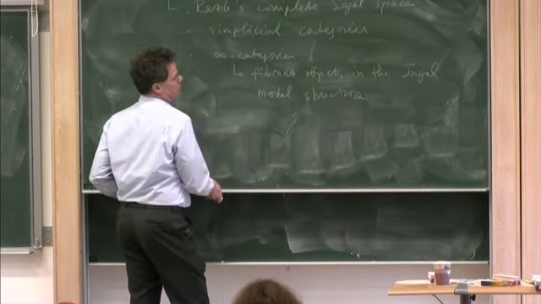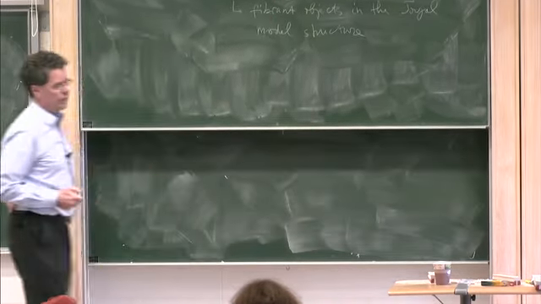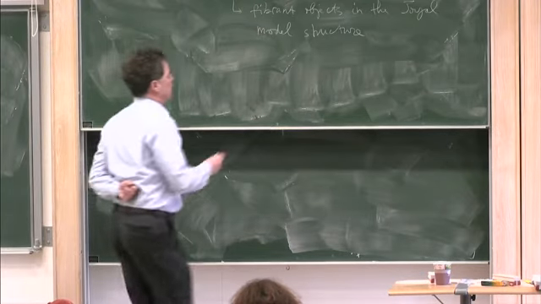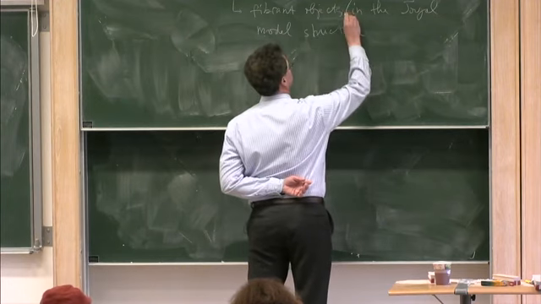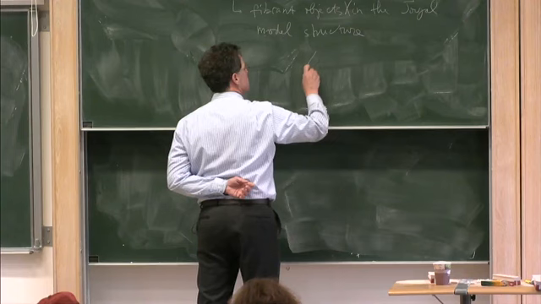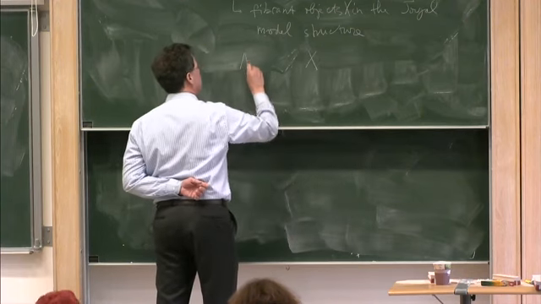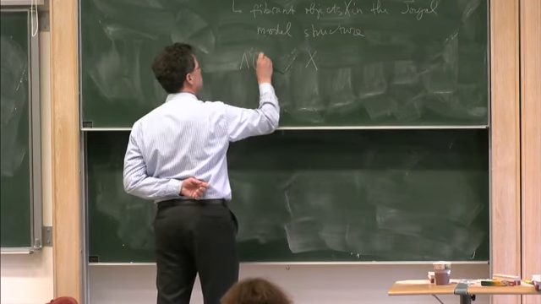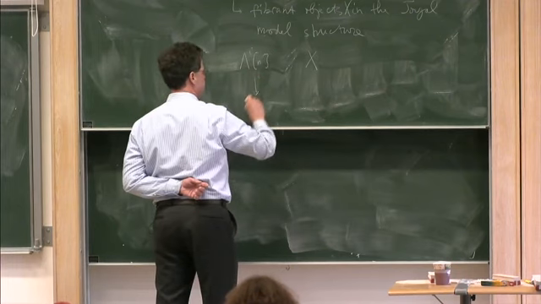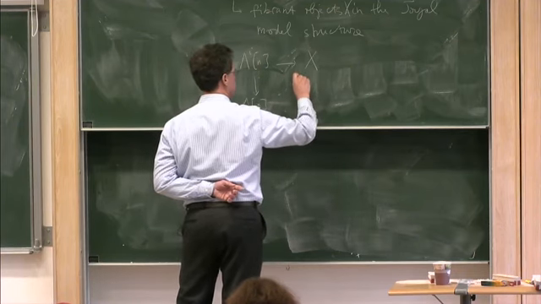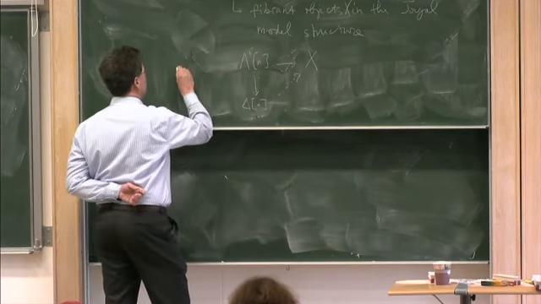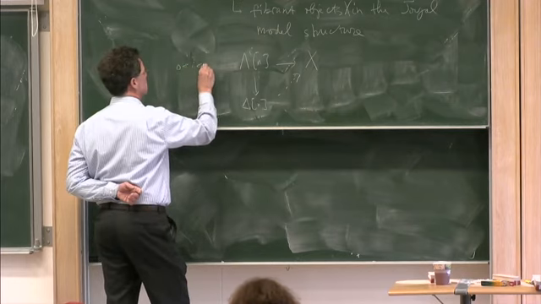And I can tell you exactly what they are. They are like Kan complexes. So fibrant objects, X, such that X has a lifting property with respect to horns, but only for 0 less than i less than n.